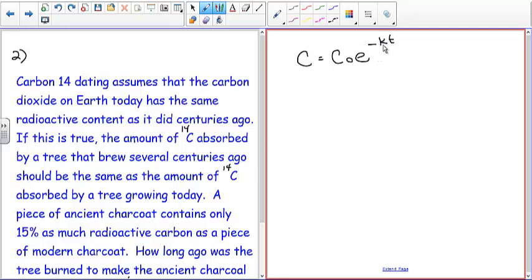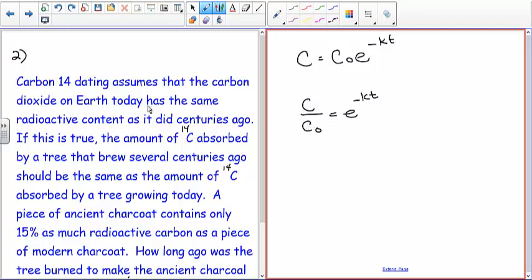Here we have minus k. In this case, we're not given C0, I don't think. So we can also say that C over C0 is equal to e to the minus kt. So this is the percent, or the ratio. So when t equals 0, you get 1.